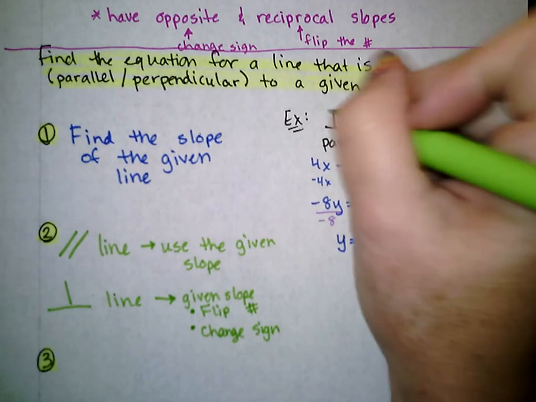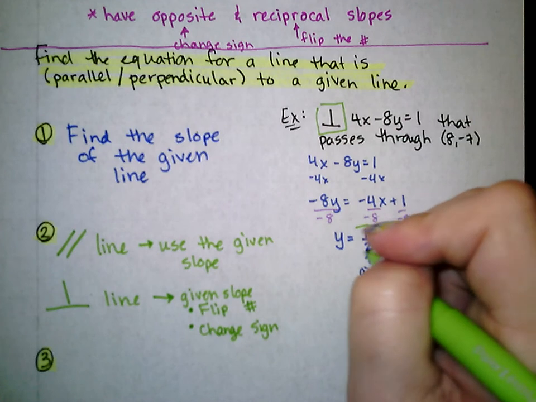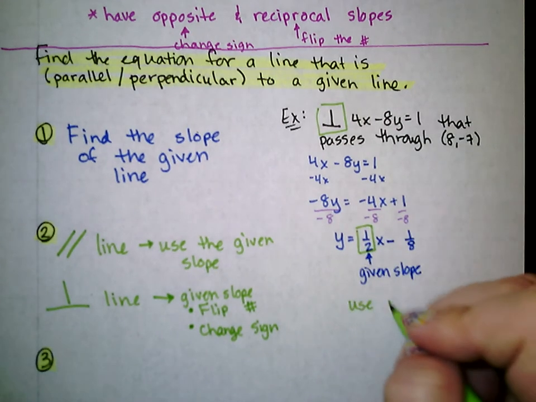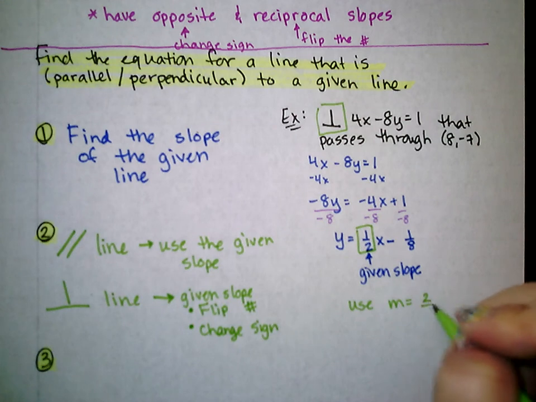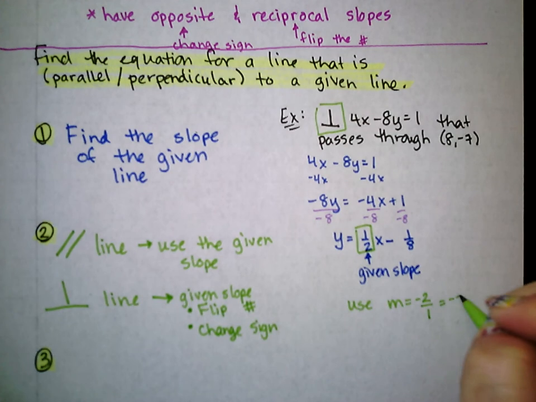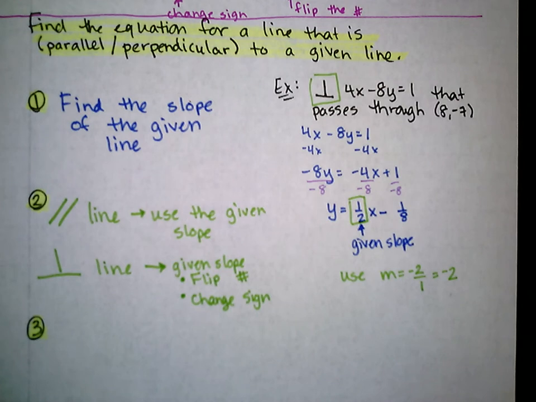So in this problem, they want us to use a perpendicular slope. So my given slope is 1/2. So the slope I'm going to use is going to be flip it over, change the sign. So use the slope of negative 2. And then the last thing I'm going to do is I am going to use point slope form.